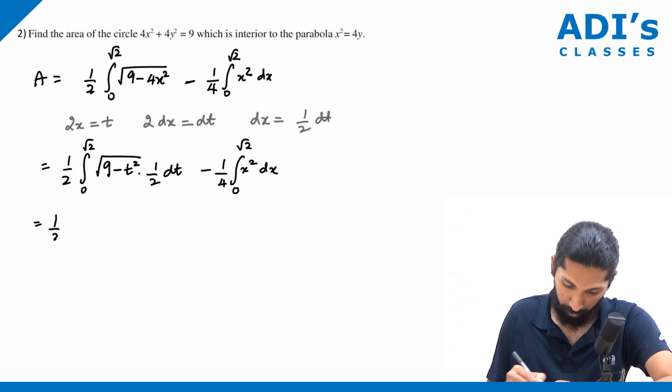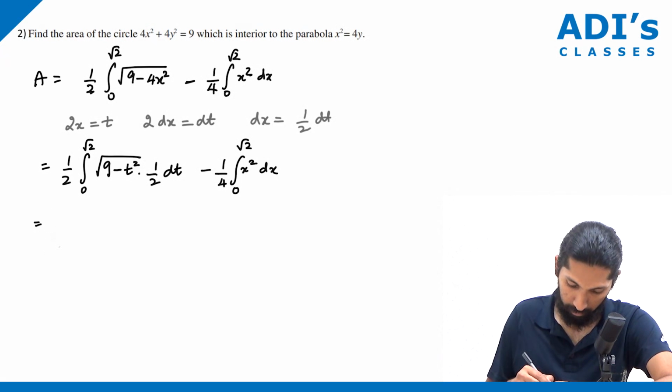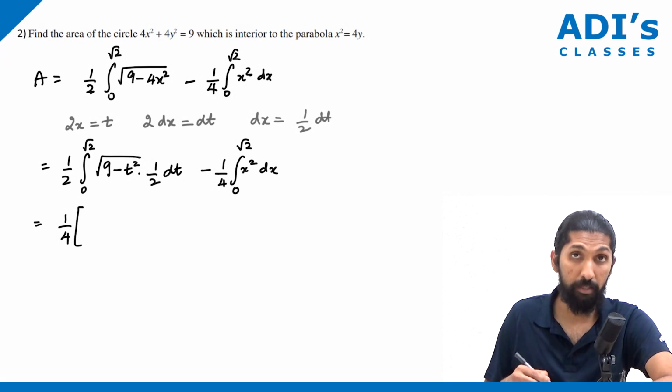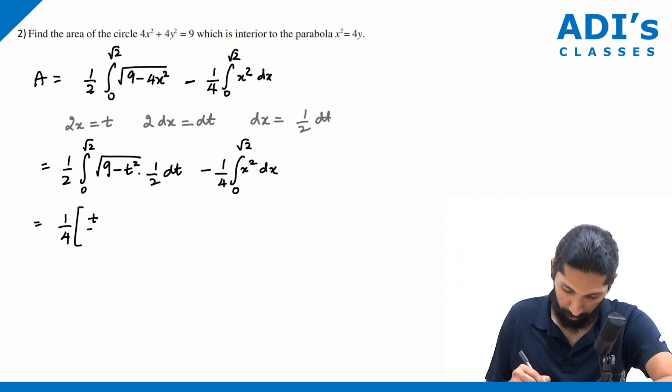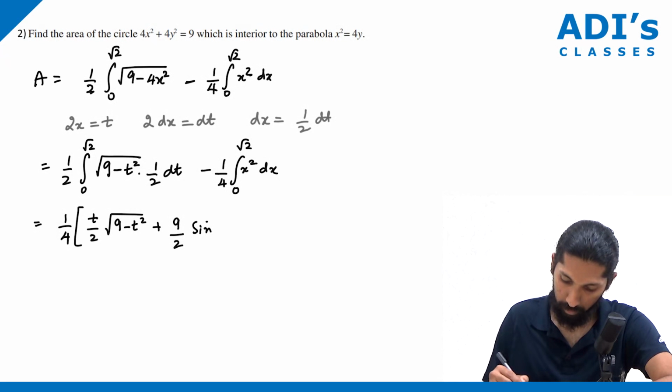So here, half into half becomes 1 by 4. So let's make this 1 by 4, times t by 2 into root of 9 minus t square plus a square, which is 9 by 2, into sine inverse of t divided by a.